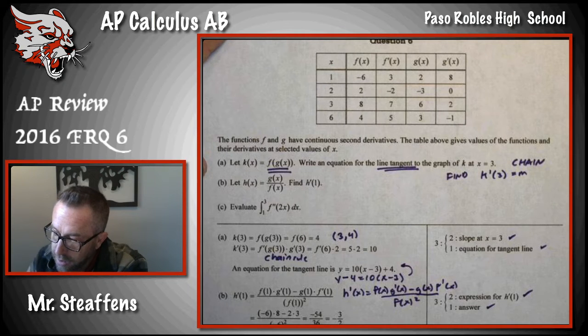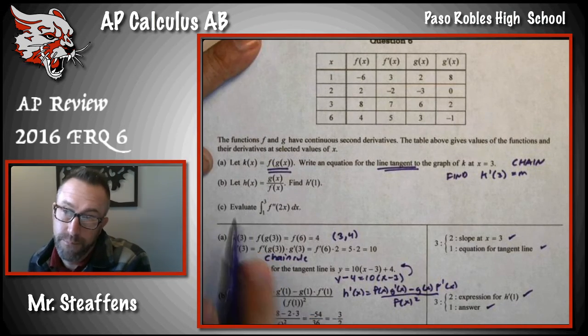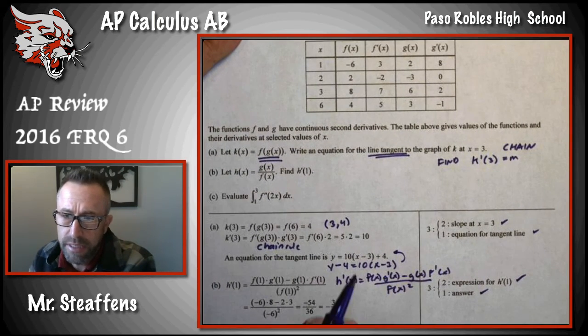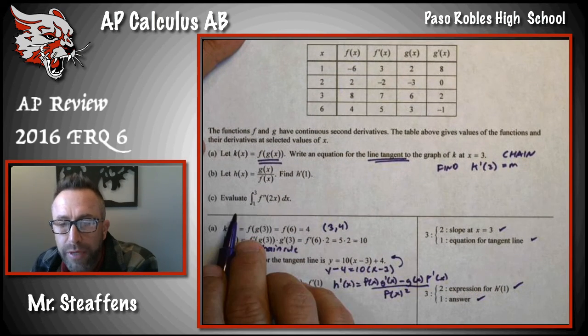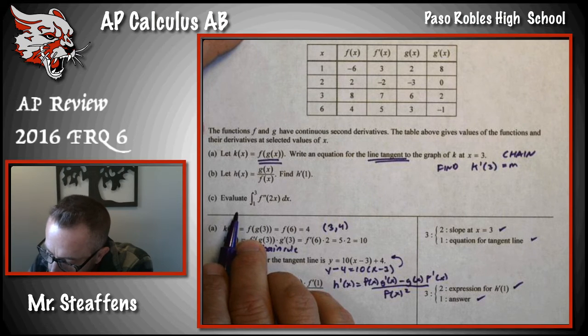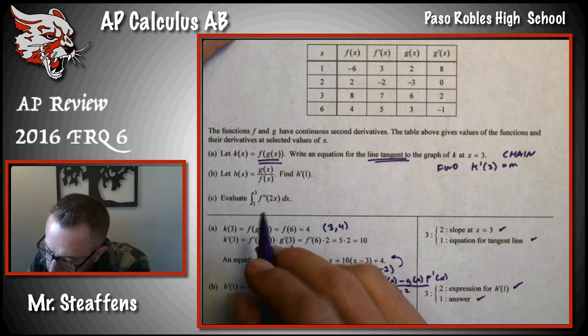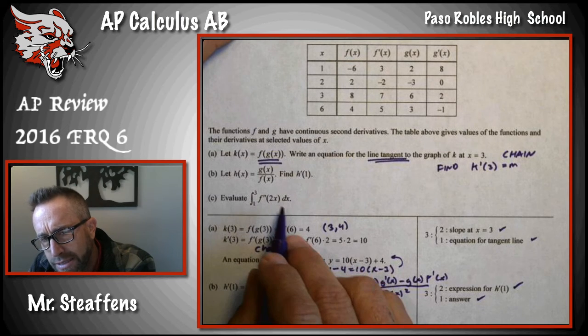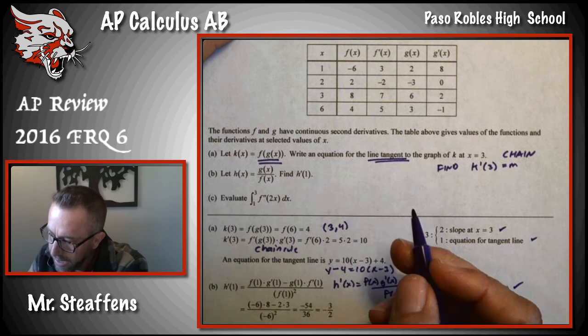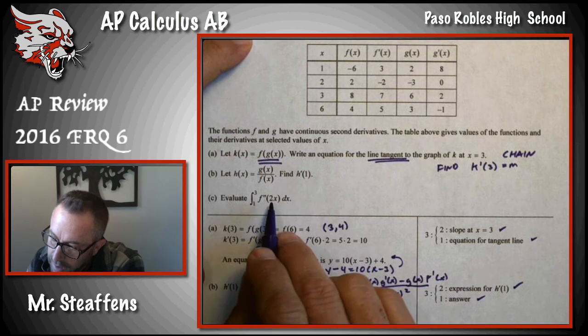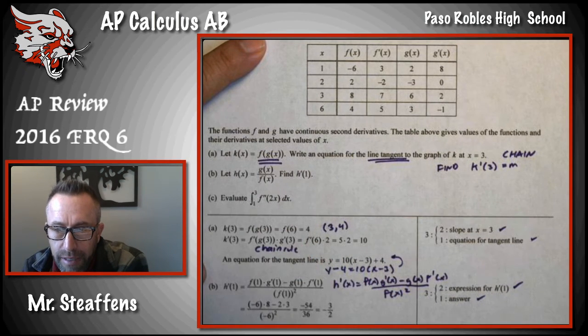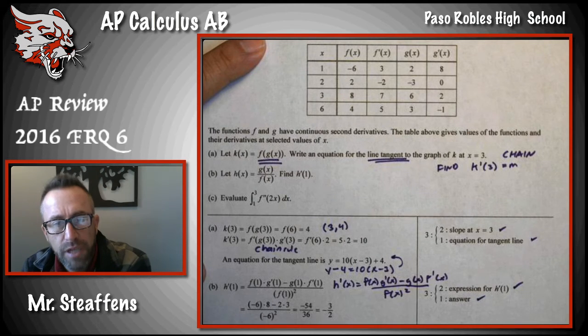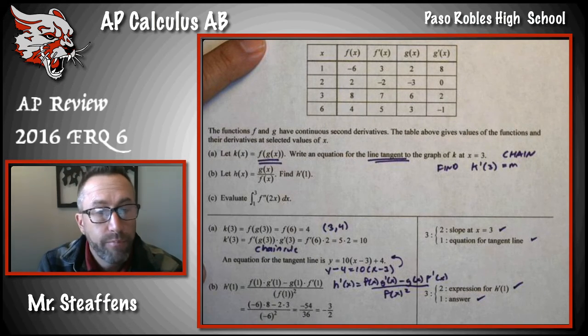All right, last chunk. I usually don't see these on these types of questions, but evidently they want you to do an integral also. So they want to calculate the integral from 1 to 3 of f double prime of 2x dx. If I took the integral of f double prime, I would get f prime.